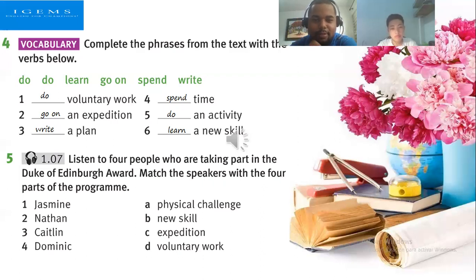Dominic. As part of my Duke of Edinburgh award, I'm learning a new sport, rugby. I go to rugby training sessions every Saturday. I wanted to do something that was physically challenging, something that would make me stronger. In the morning, we train indoors.